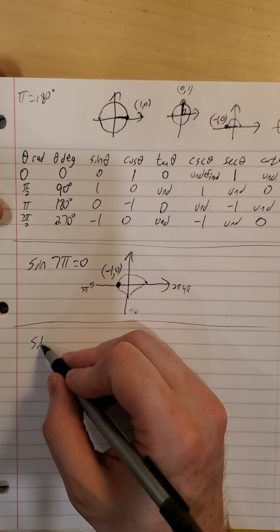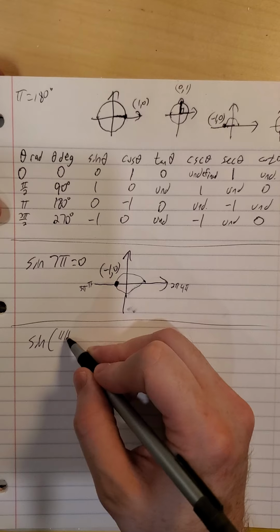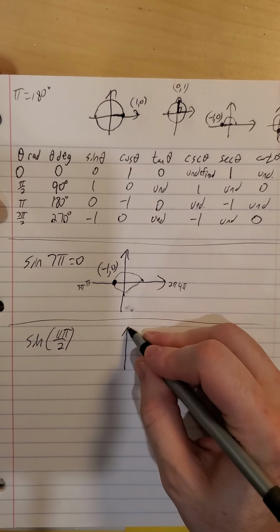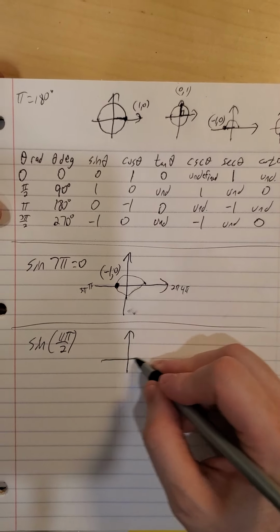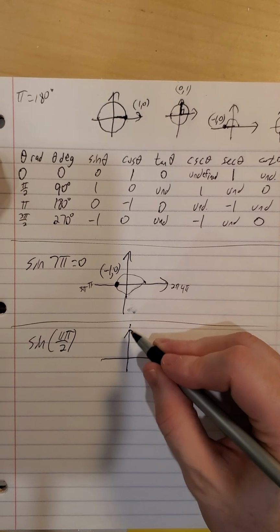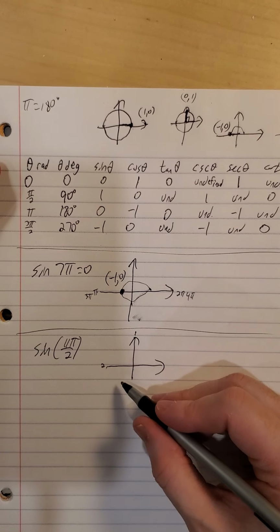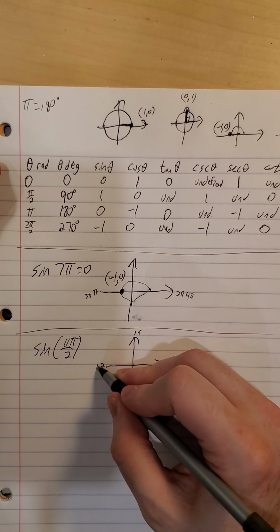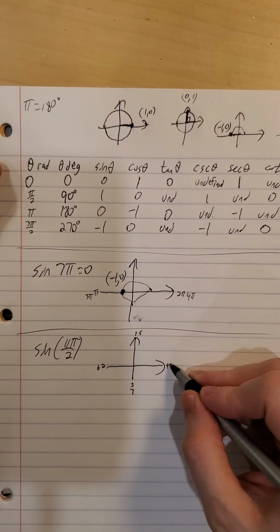Similarly, we could do sine of, say, 11 pi over 2. So remember, pi over 2 is a quarter turn. So here's 1 pi over 2, 2 pi over 2, or just pi, 3 pi over 2, 4 pi over 2, 5 pi over 2, 6 pi over 2, 7 pi over 2, 8 pi over 2, 9 pi over 2, 10 pi over 2, 11 pi over 2.